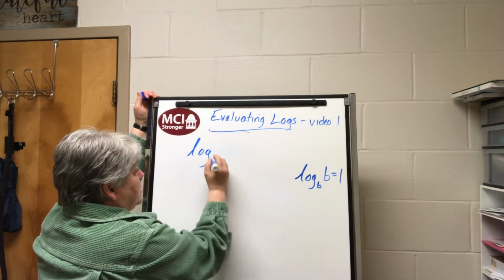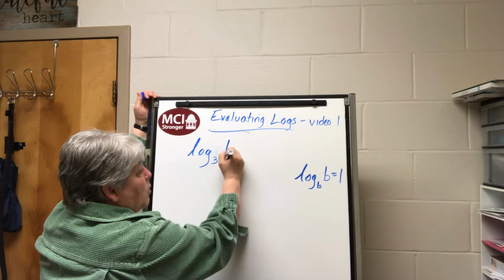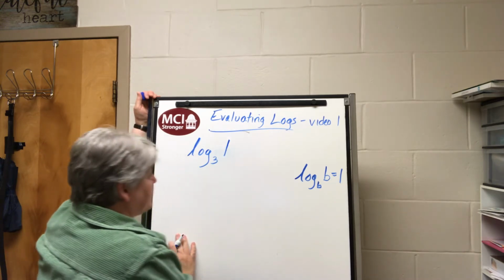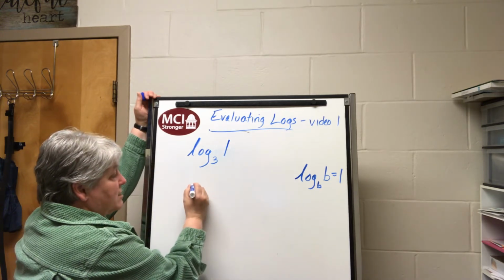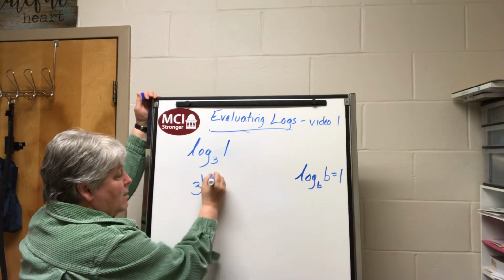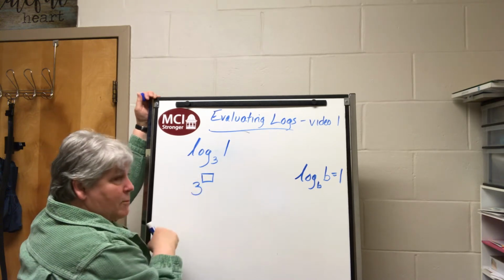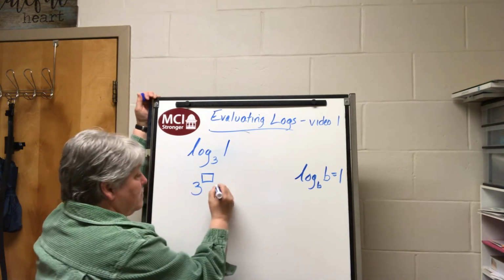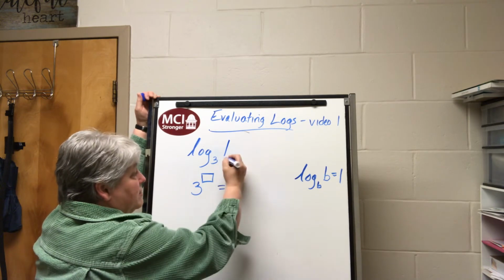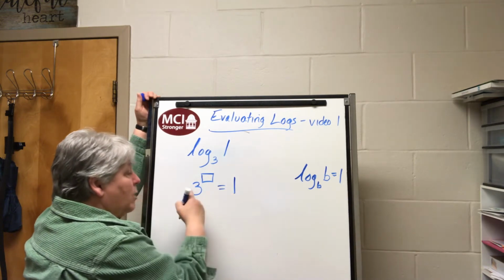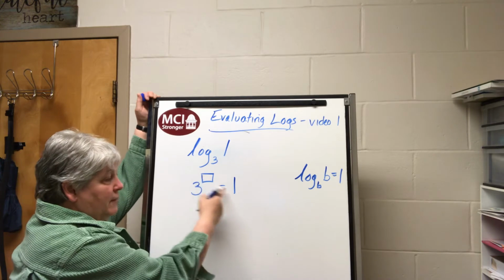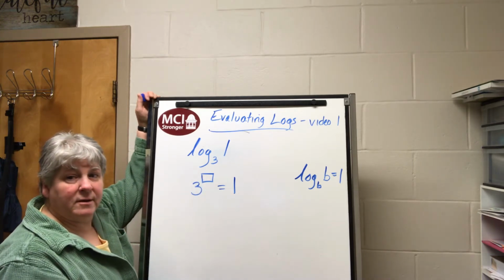Log to base 3 of 1. Basically, I'm asking 3 to what power, so whatever we put in that box is our logarithm, that would give us the argument, or 1. What power do we raise things to land right on 1?